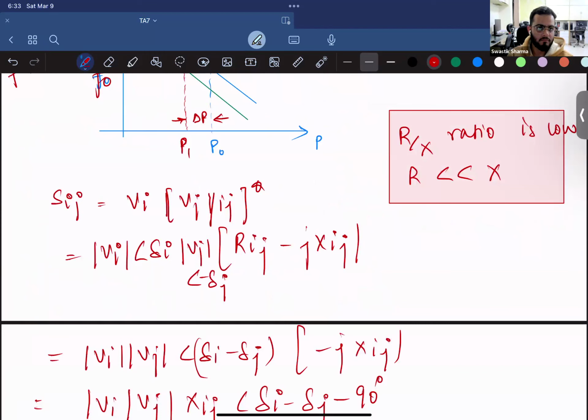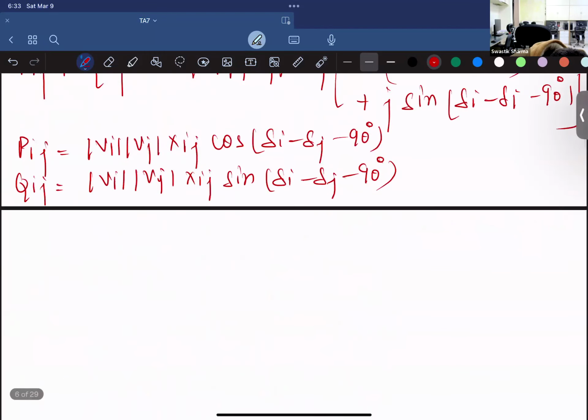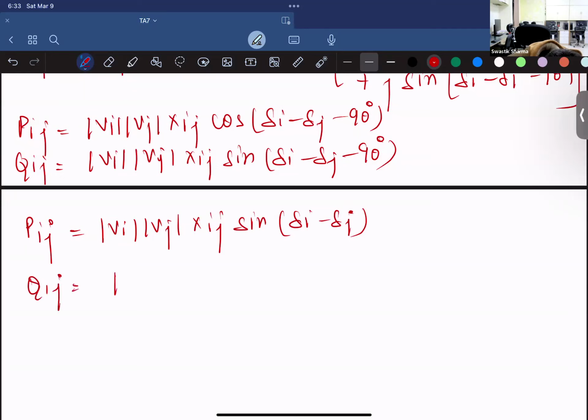This assumption I've taken. You agree, right? Cos a cos b plus sin a sin b. So only what term will remain? Sin b, right? So this would be sine of delta I minus delta j.